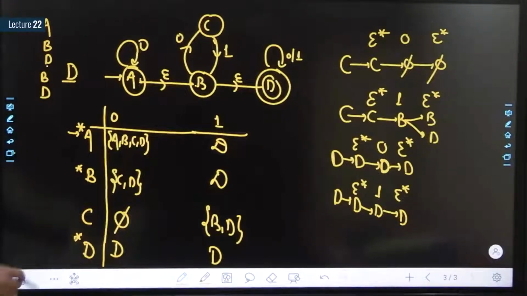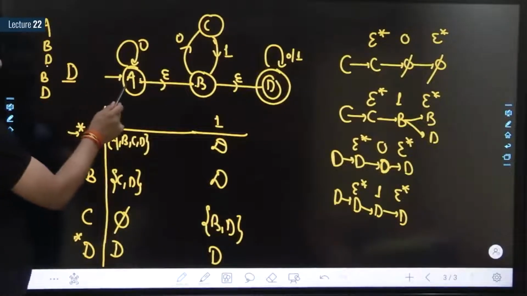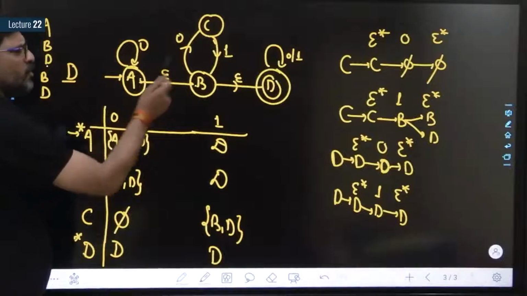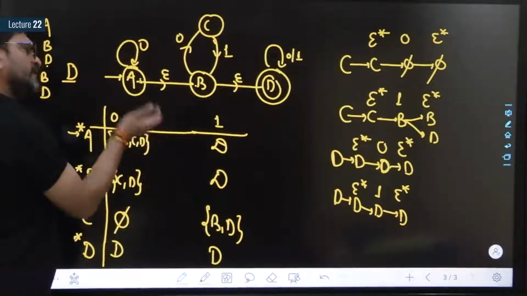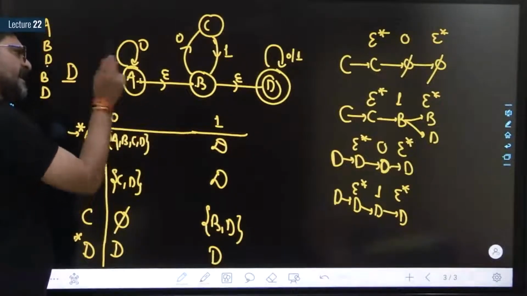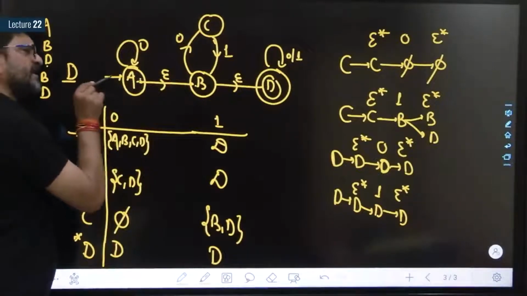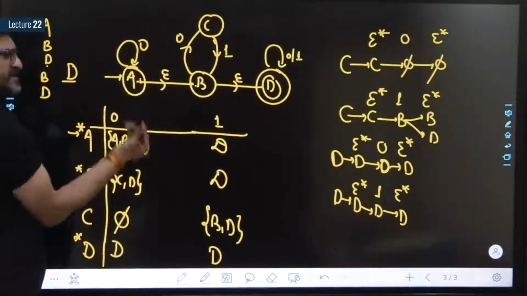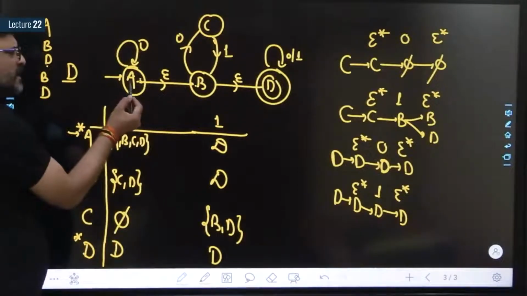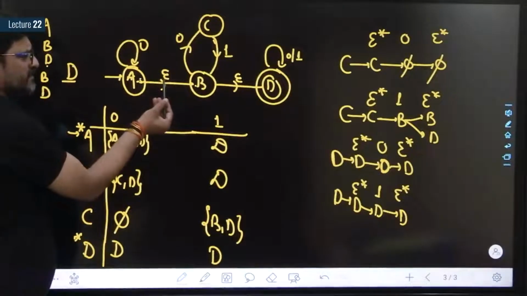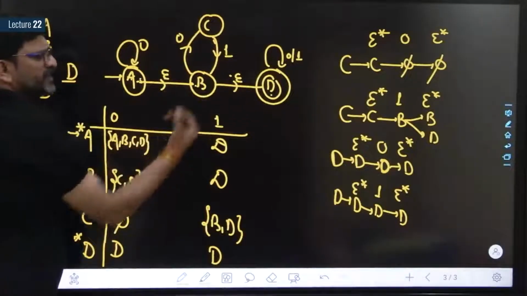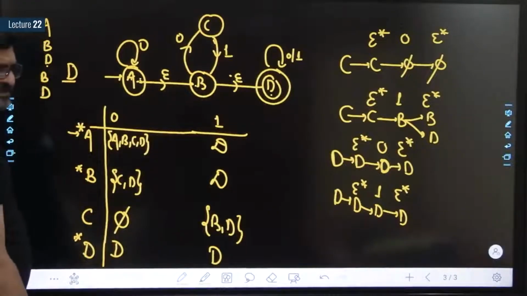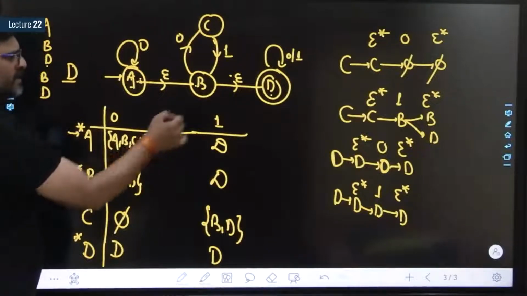In other words, when we see epsilon on a state and directly reach the final state, make that state a final state. On A, directly seeing epsilon goes into the final state, that's why A is final.